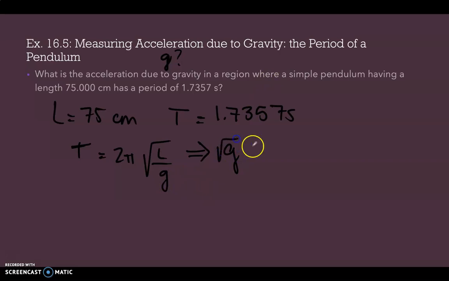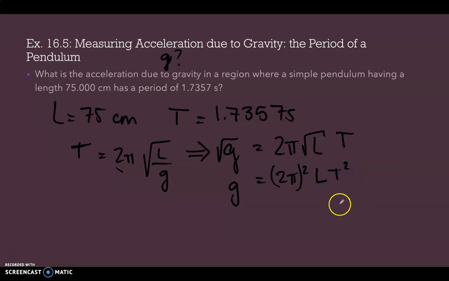Let me do this in a couple of steps. We're going to divide by 2 pi, multiply by the square root of g, and we should get square root of L over T. Square both sides, we get g equals 4 pi squared L over T squared.